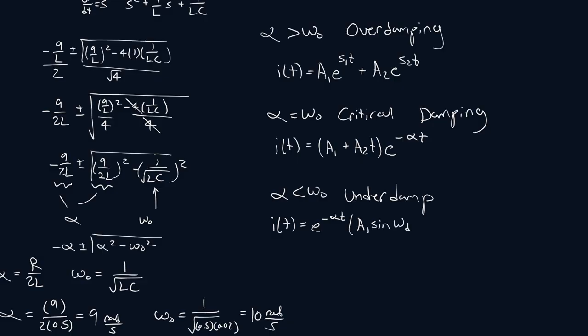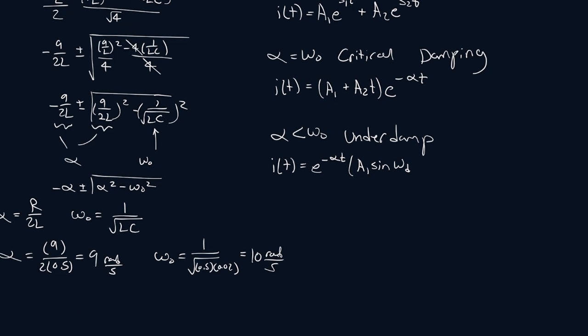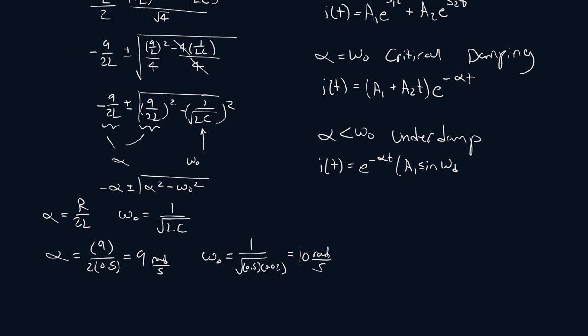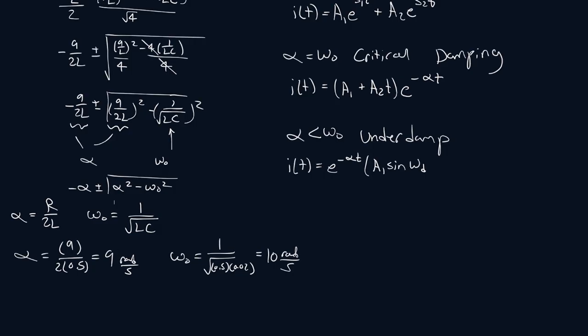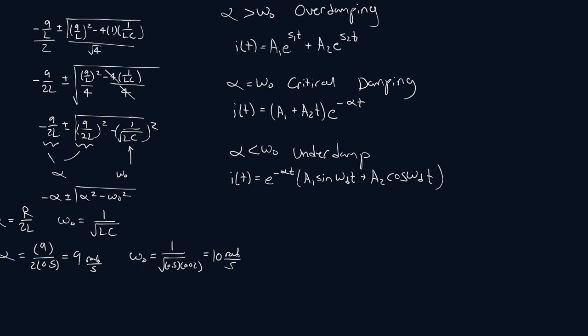This W is supposed to be your damping frequency, so pretty much if this is greater than this, you're gonna get a negative square root, and whatever is being multiplied by your imaginary number, that's gonna be your WD. Then times t plus A2 cos WD times t. Okay. Well, actually, usually they write it this way, but both should be the same. But usually they have the sine at the right side.